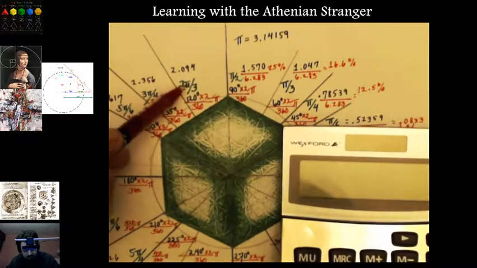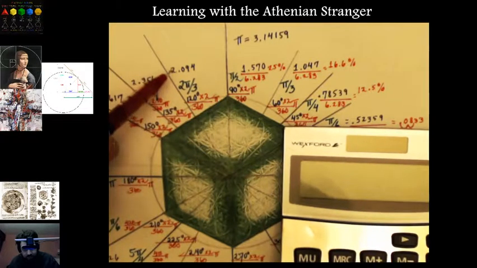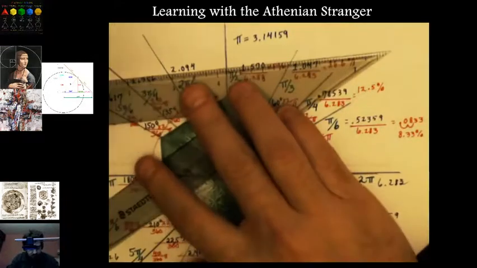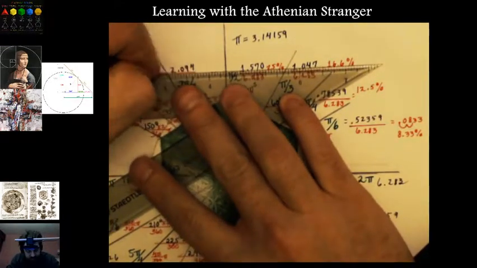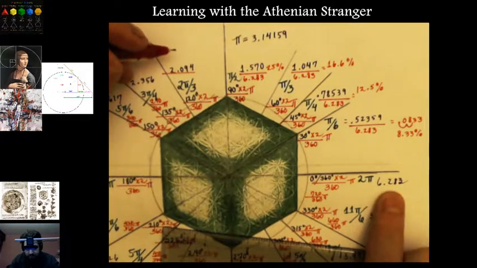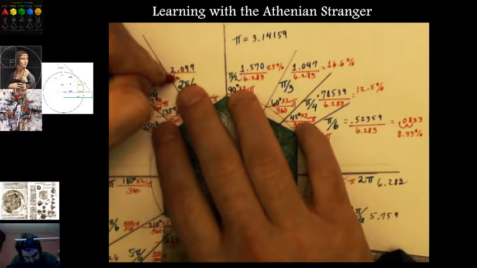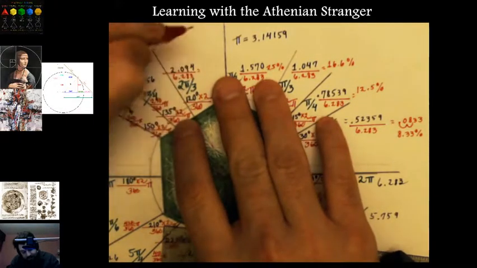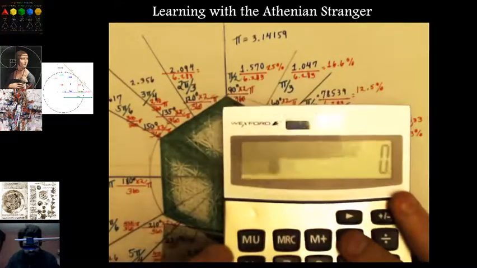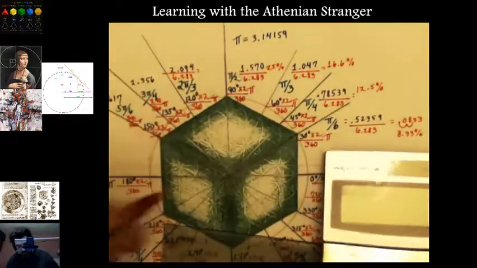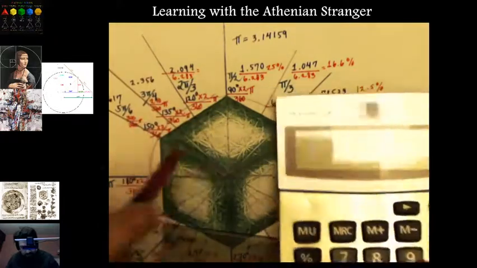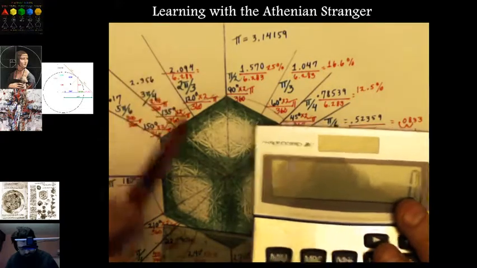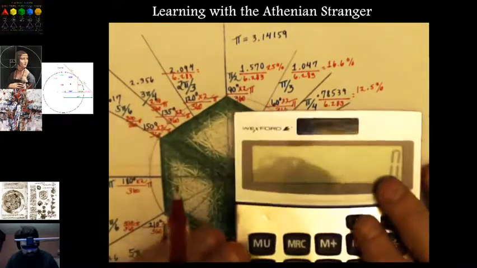Well, we did 2 times pi divided by 3, which gave us 2.094. What we do is divide 2.094 by the total circumference of 6.283, and what we get is the percent of the total circumference represented by this bit of string.